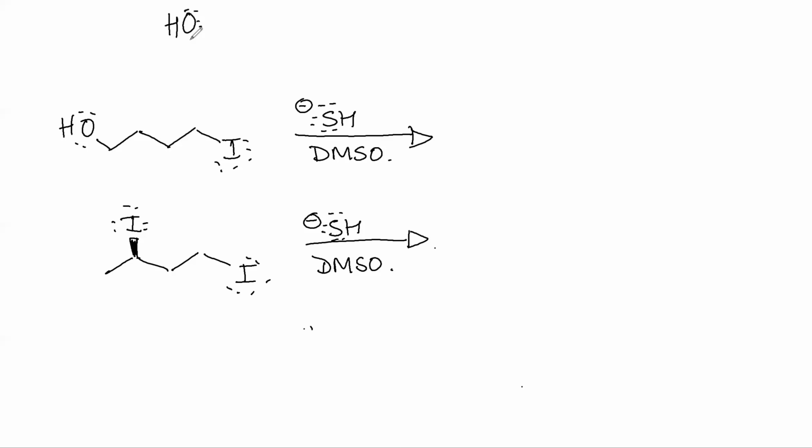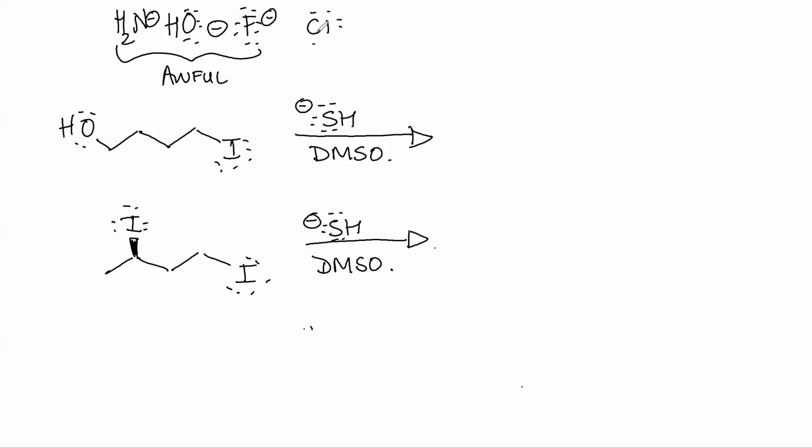So this is terrible. NH2 would be terrible. Even F minus isn't very good. It's terrible. So these are all awful. And then there's basically things that are better than that.